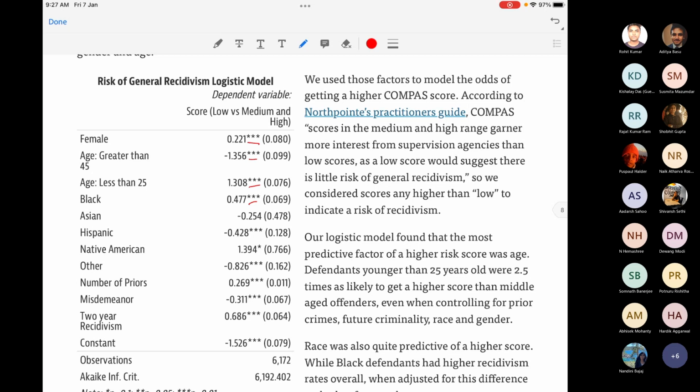Age less than 25. Age is the most important, the strongest predictive factor.